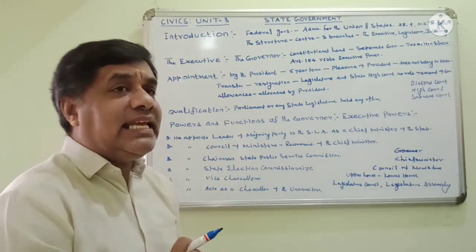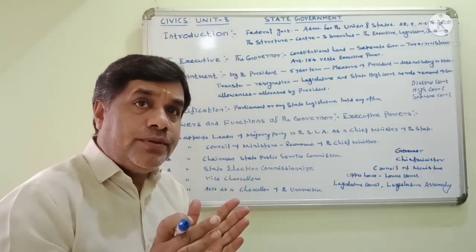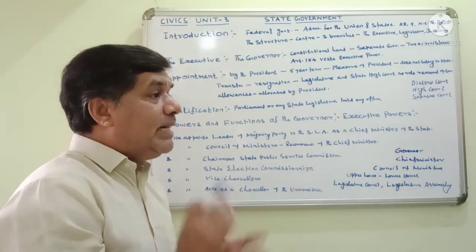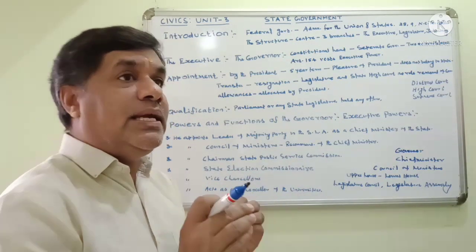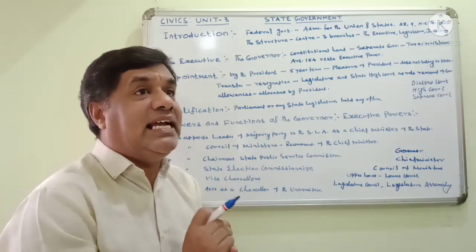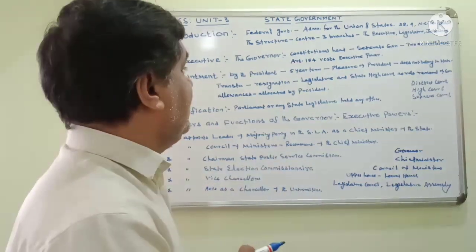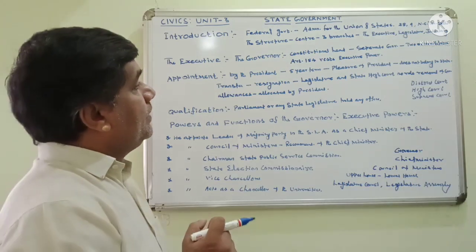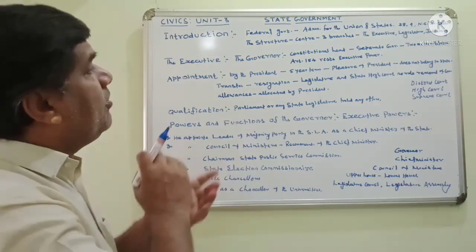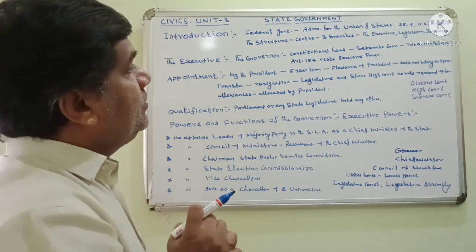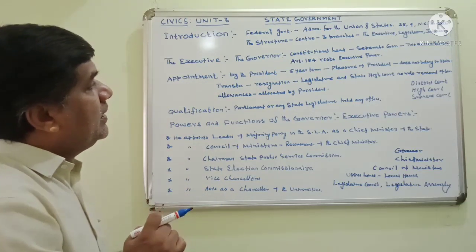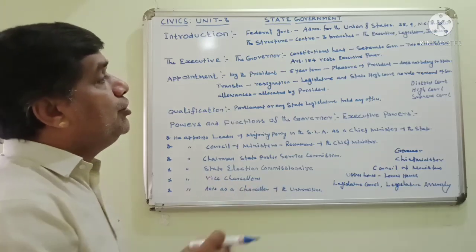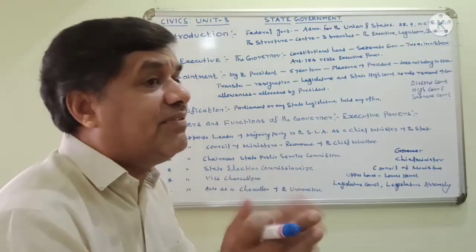The governor has the power to resign any time, but he must give his resignation to the president. The state legislature and state high court have no role in the removal of the governor.